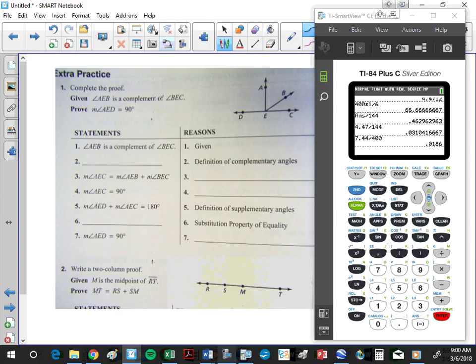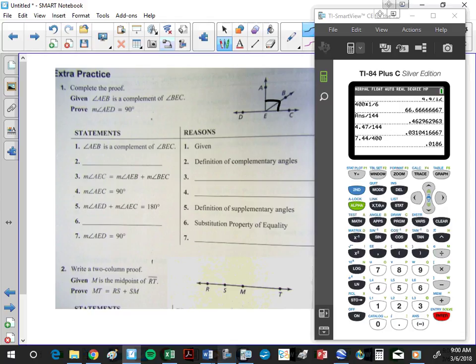What does it mean to be complementary? You ever heard that? Complementary means they add up to 90. Supplementary means they add up to 180. So basically, this angle here and this angle here add up to 90. So on my little picture, I'm just going to write a 90-degree angle right there.